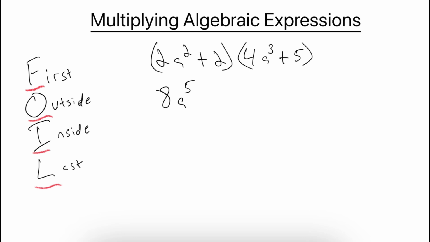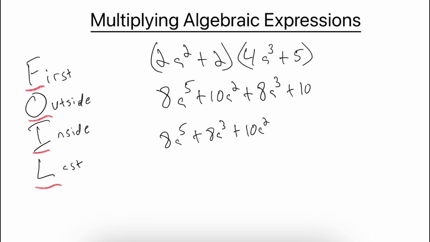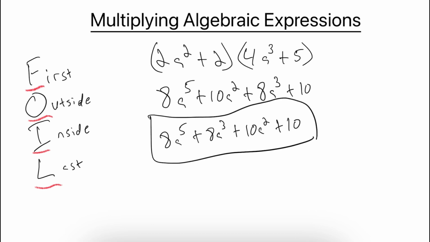Then 2a squared times 5 is plus 10a squared, plus 2 times 4a cubed is 8a cubed, and then 2 times 5 is plus 10. We'll reorder these, and 8a to the power of 5 plus 8a cubed plus 10a squared plus 10 is our final answer.